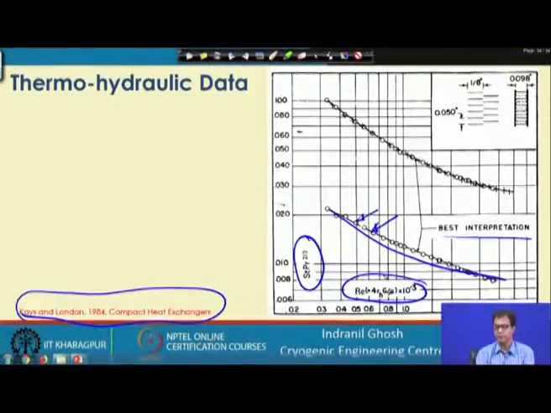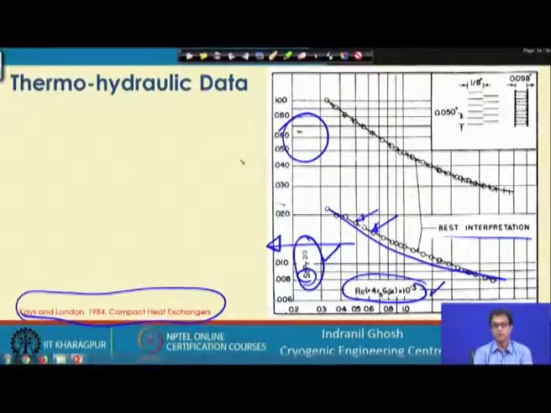So, we have to first estimate the Reynolds number, then corresponding to that Reynolds number we will be calculating this Stanton number, Prandtl number to the power 2/3 or the J value, and this Stanton number contains the heat transfer coefficient, that requisite what we are looking for at a particular site. And we also have this friction factor, which will be necessary if someone wants to calculate the pressure drop.